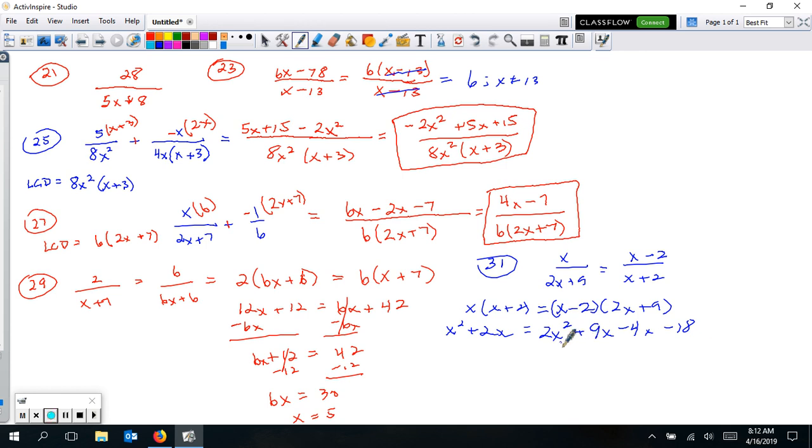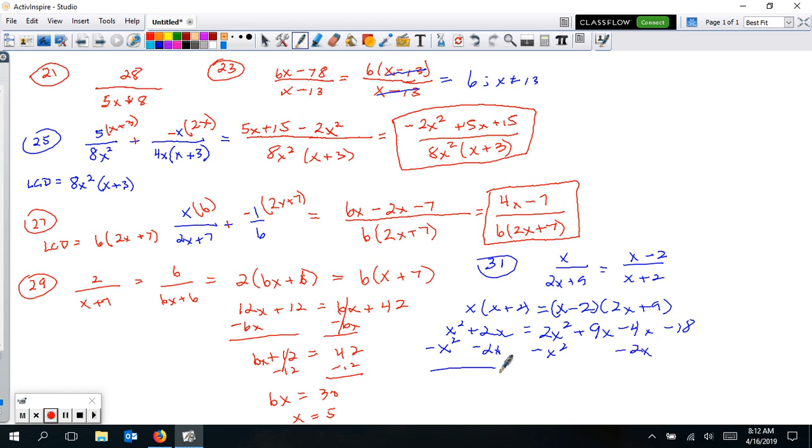Because we're going to have to put some stuff together here anyways. We have a quadratic equation, basically. We're going to need to bring everything over to this side where there's more x squareds. This one has 1x squared, this one has 2x squareds. We want to keep the x squareds positive, so let's subtract x squared from both sides. We're also going to subtract 2x from both sides. I'm going to subtract it from these x terms over here.